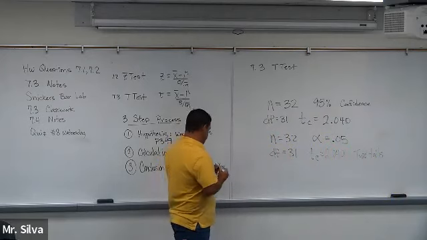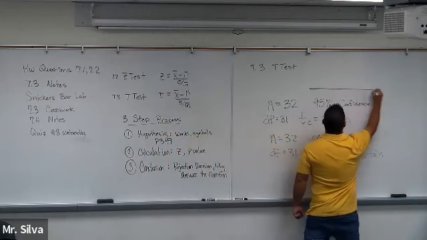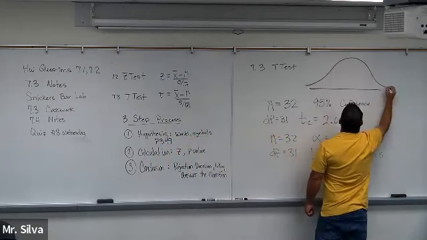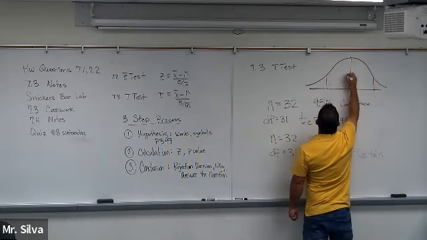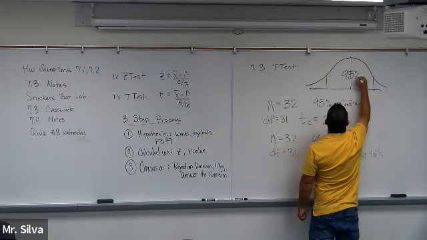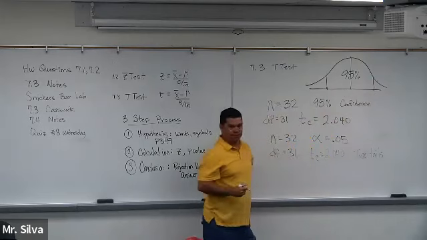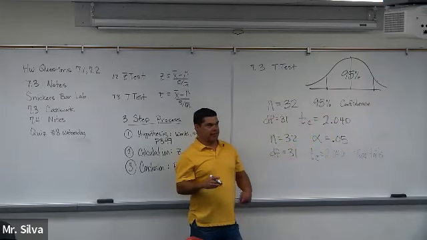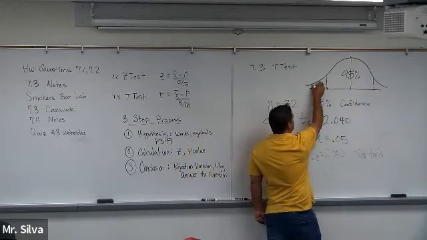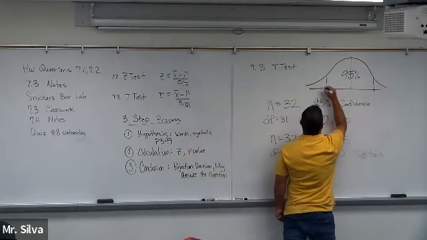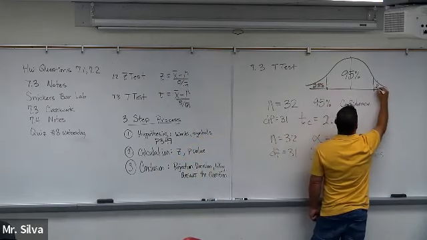95%. I have to draw a curve now. So the middle 95%. If from here to here is 95% of your data, then left over in tails is 5%. So right over here is 5%, and here combined is 5%. So that makes this 2.5% and this 2.5% combined.